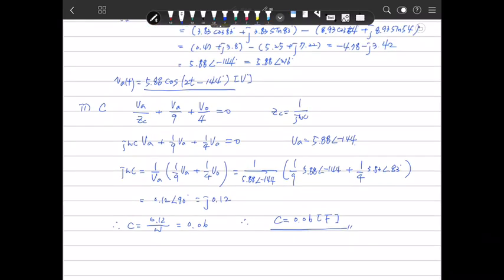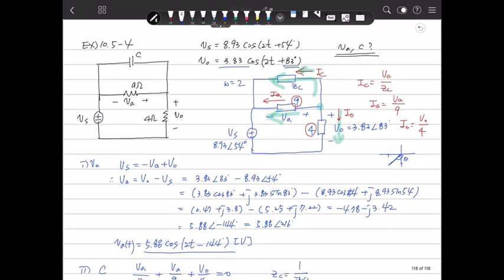So as you see, when you solve the circuit in the phasor domain, the concept is very simple. You can deal with all elements like resistor, capacitor, inductor by their impedance. So it's not important whether it is R, L or C. You can deal with the impedance like a resistor in the time domain.